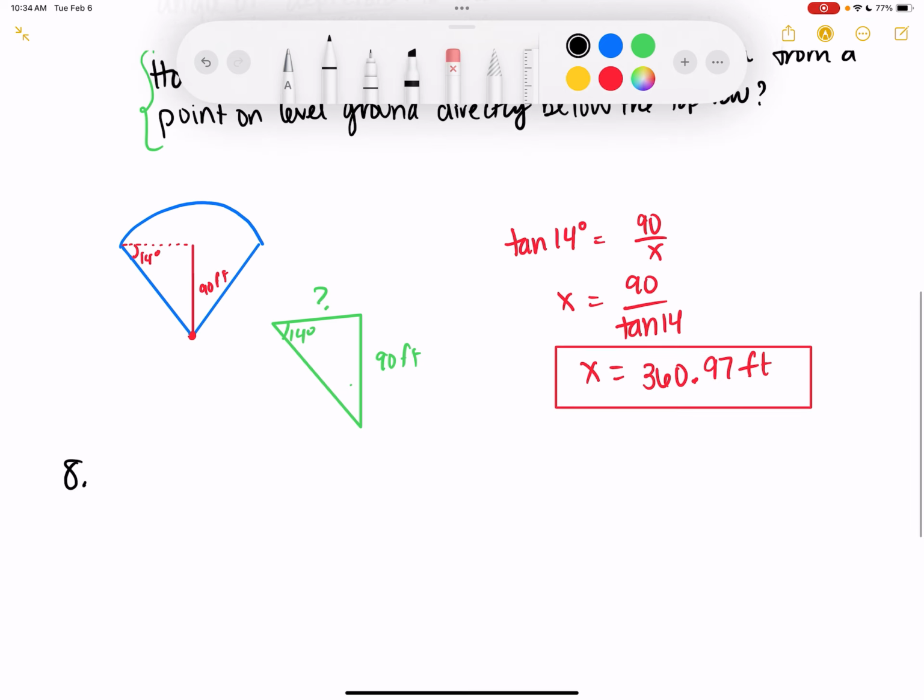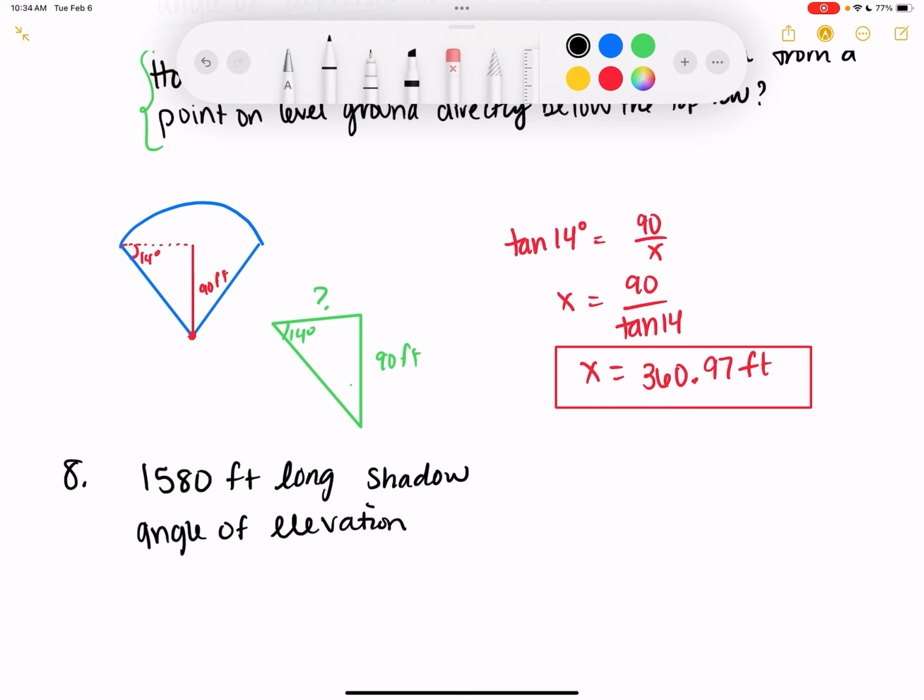So, it's 1,580 feet long. Shadow. The angle of elevation is 38 degrees. How tall is the smokestack?